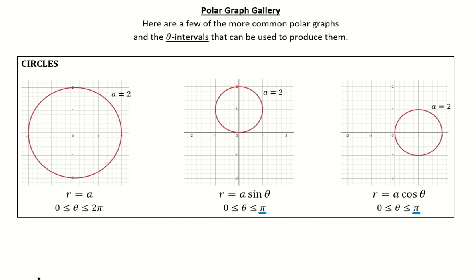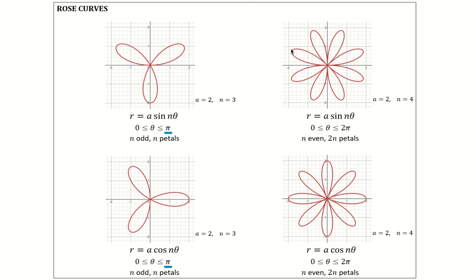Same with a circle like that. These rose curves, this type of rose graph where there's an odd number of petals, you only go from 0 to just pi, and that would produce the entire rose curve, okay? But for these ones where there's an even number of petals, you have to go all the way from theta equals 0 to theta equals 2 pi.